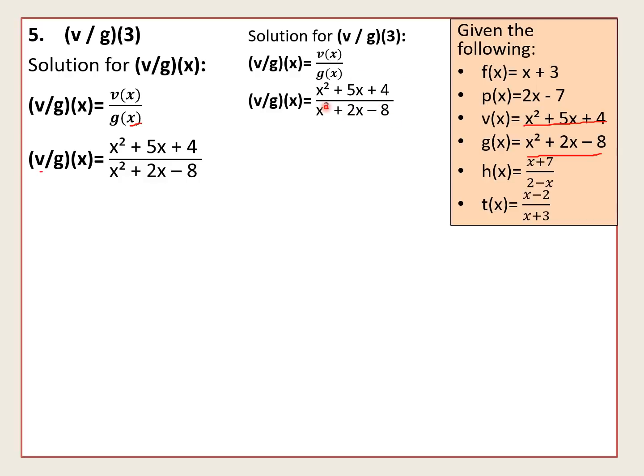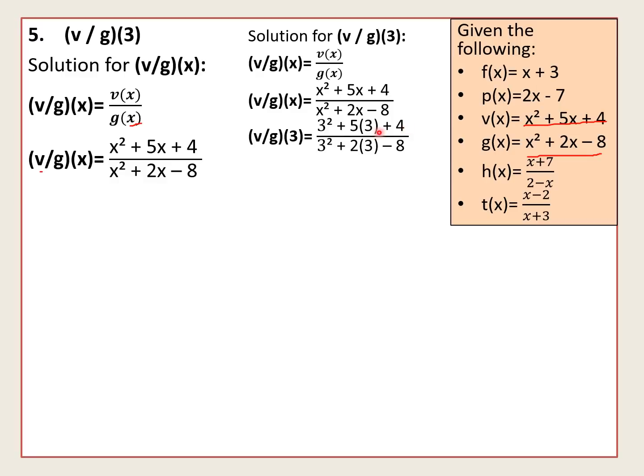After this, that's the time we replace all the x's here by 3. So v over g of 3 is equal to x squared is 3 squared plus 5 times 3, since it's x, so 3, plus 4.